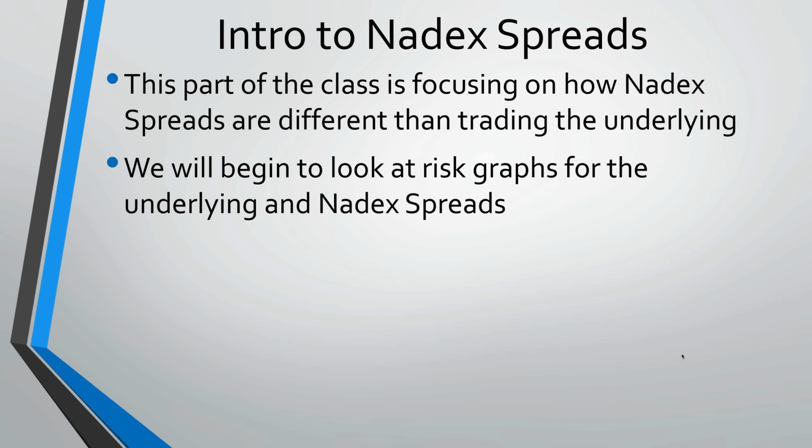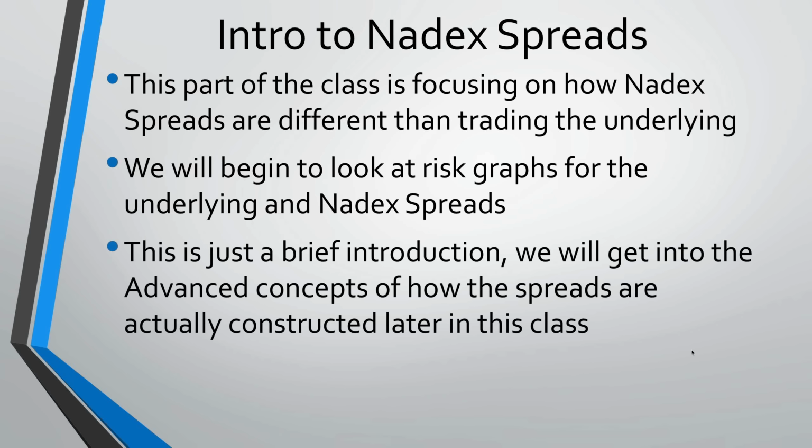And options are based on these risk graphs. When you put together a complicated option strategy, you will want to look at a graph and see if it's the way you intended it to be. So we're going to look at some risk graphs for the underlying and the spreads and make some comparisons that will make sense as we go along.